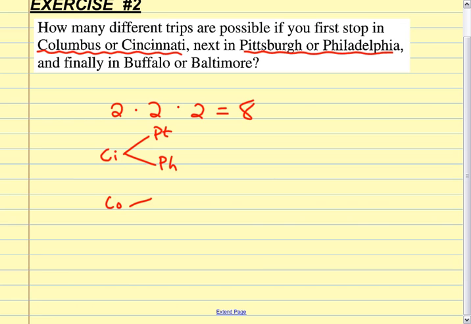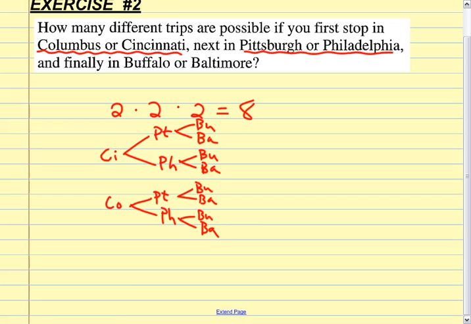Or if I did Columbus, I can do Pittsburgh and Philadelphia. And then if I went Cincinnati, Pittsburgh, I could do Buffalo, Baltimore. Buffalo, Baltimore.